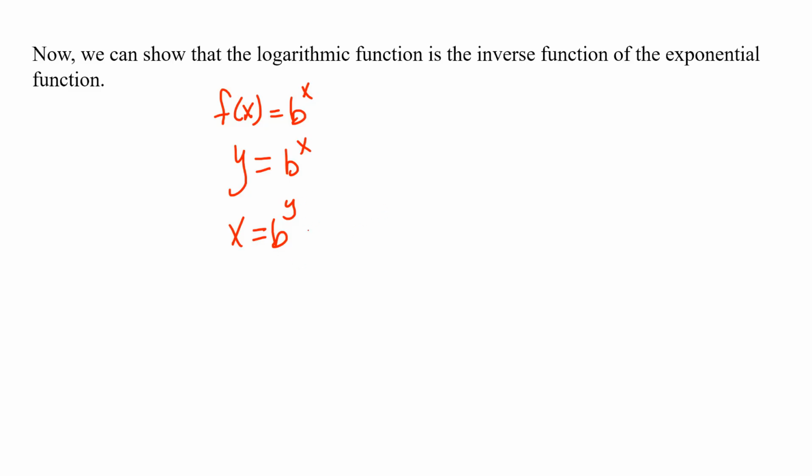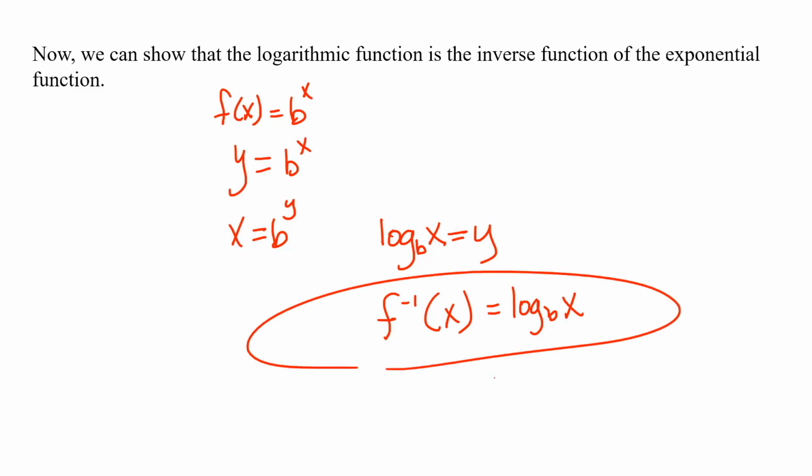We would have to do that by changing this exponential form to the logarithmic form. Log base b of x equals y. And so that tells me that f inverse of x is log base b of x. So this is the inverse function of the exponential function, and we'll get a better understanding of what we mean by that.